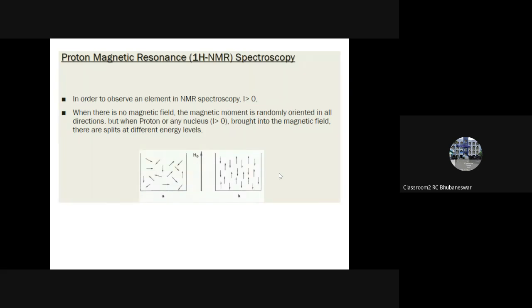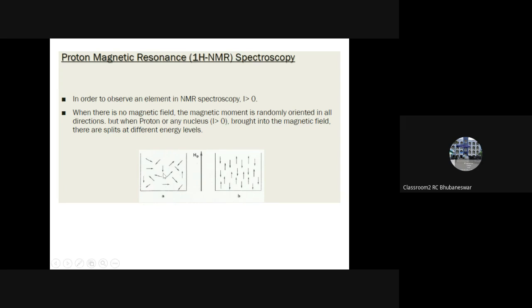Coming to proton NMR spectroscopy, in order to observe an element in NMR spectroscopy, I should be greater than 0. It must not be 0, because in some cases you will find I is 0. When there is no magnetic field, the magnetic moment is randomly oriented in all directions.